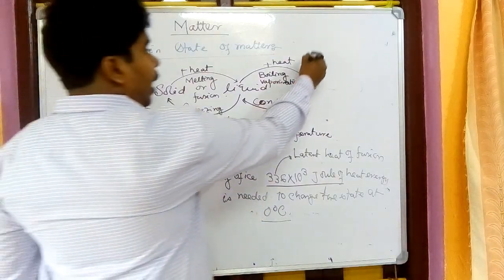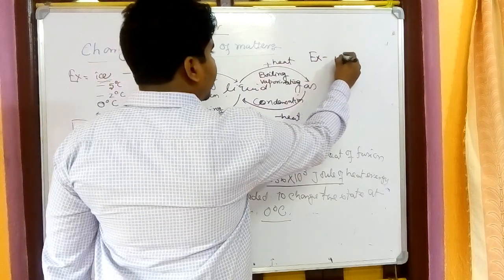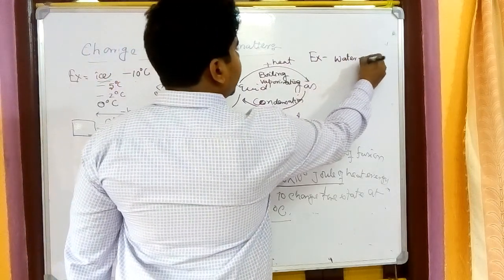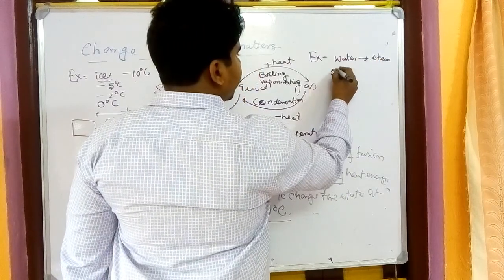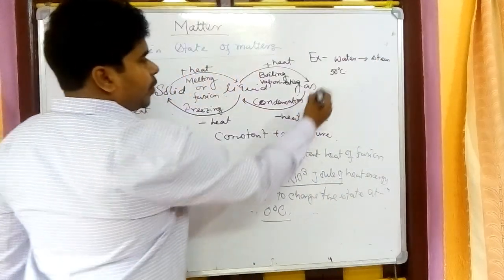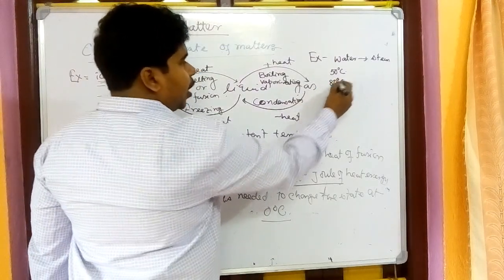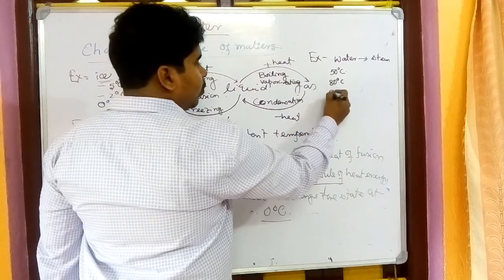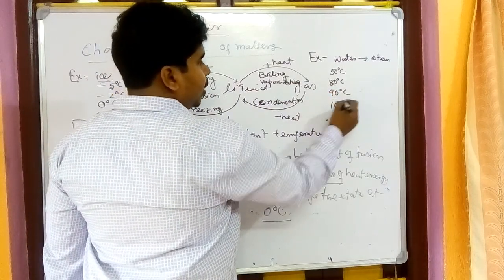We all know the example that water is converted into steam. Assume the water is at 50 degrees centigrade. You give heat energy, it will increase to 80 degrees centigrade. You give more heat energy, it will come to 90, then 100 degrees centigrade.